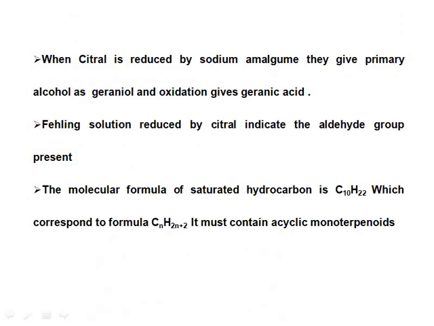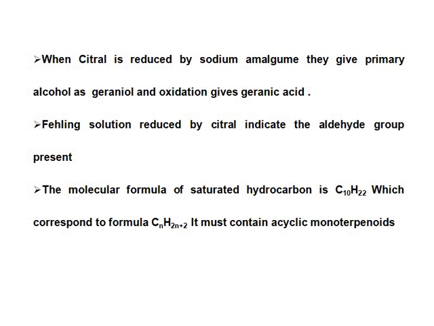When citral is reduced by using sodium amalgam, it gives a primary alcohol, geraniol, and on oxidation it gives geranic acid, but without loss of any carbon atom, and therefore citral must contain an aldehyde group.